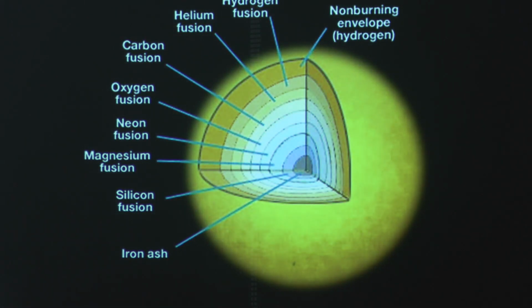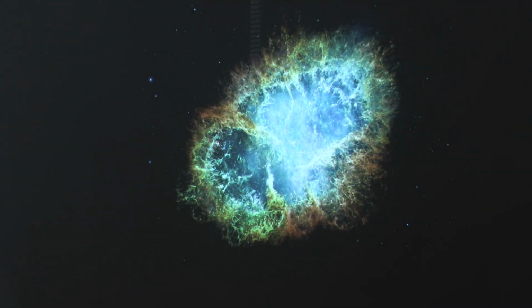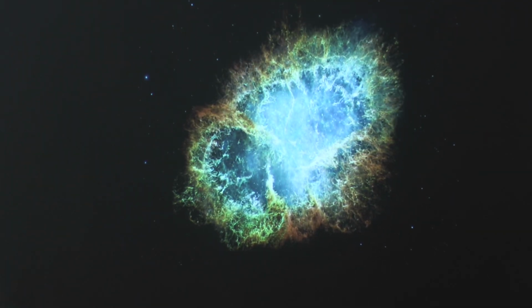Oh, wrong button again. Yep, and here's a couple of supernovas. This is the Crab Nebula. This one was visible from the Earth in the year 1034, I believe. Within this, you have all the elements to make everything.